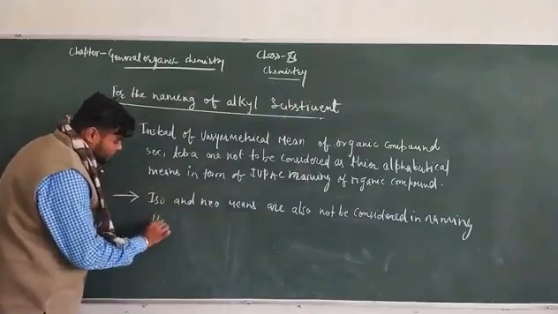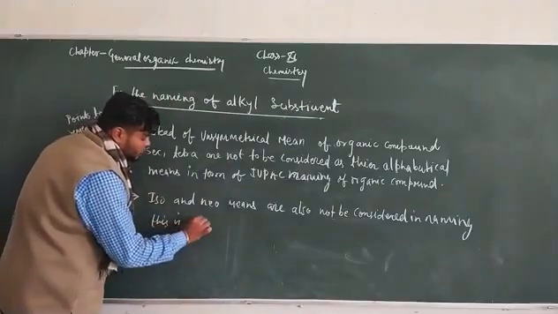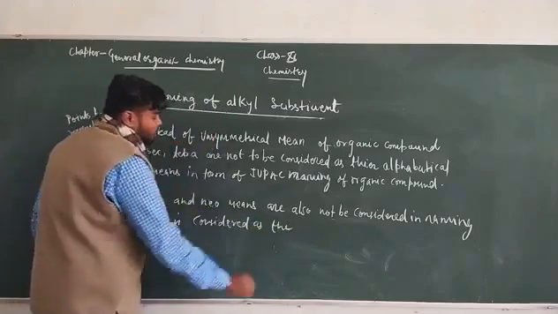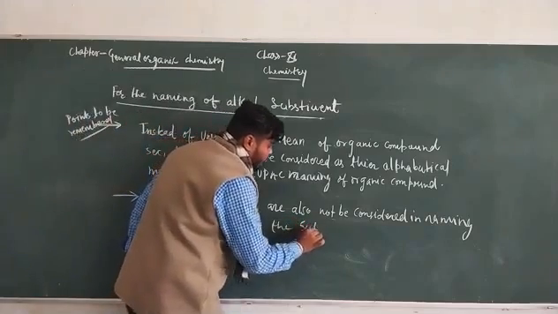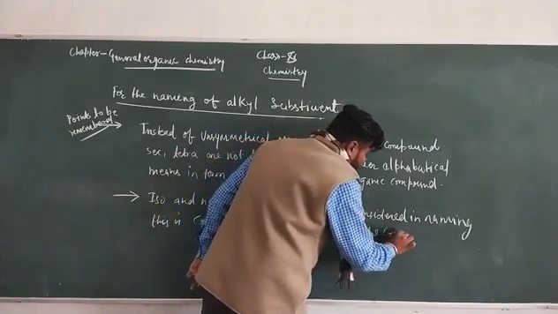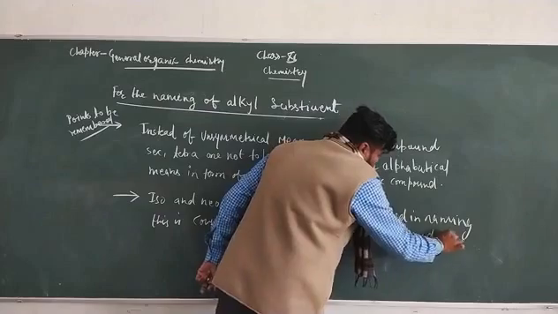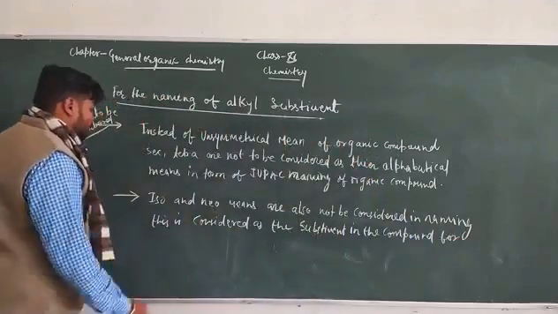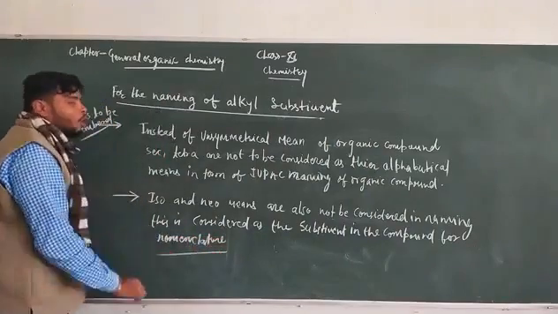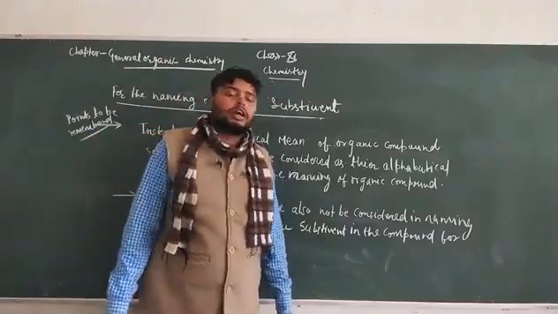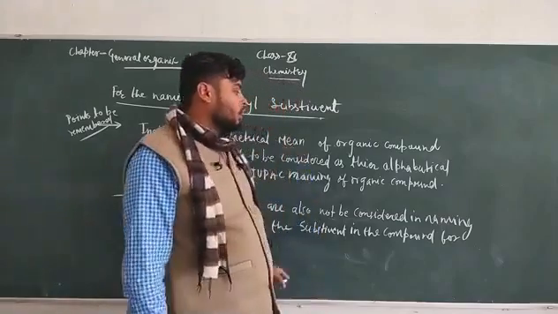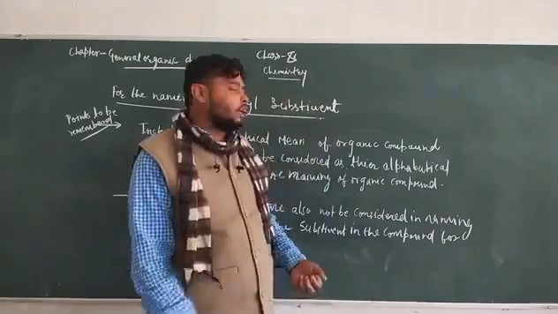This is considered as the substituent in the compound for nomenclature. That means the common name things are never considered in IUPAC naming. That means the common name substructure has to be treated as a substituent. So take a note of this and take a screenshot of this.